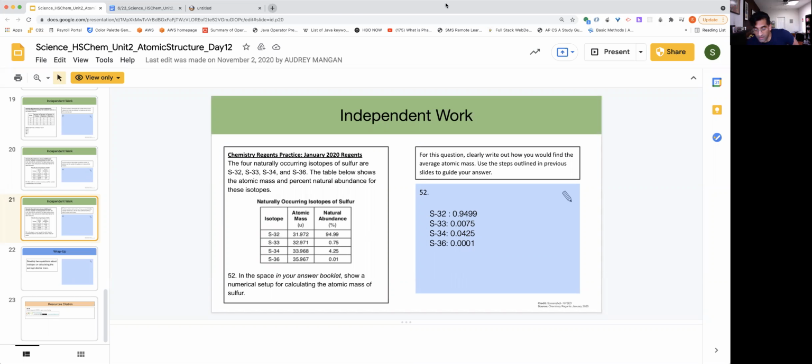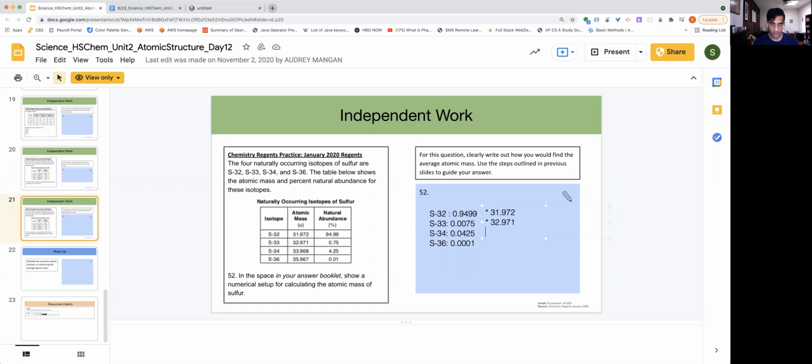The next thing that I need to do is take those and multiply them by their corresponding atomic masses. So I'm going to do that here. I have to multiply the first one by 31.972. The second one by 32.971. The third one, oops, forgot my multiplication sign.